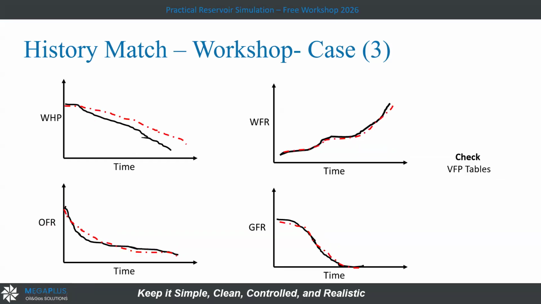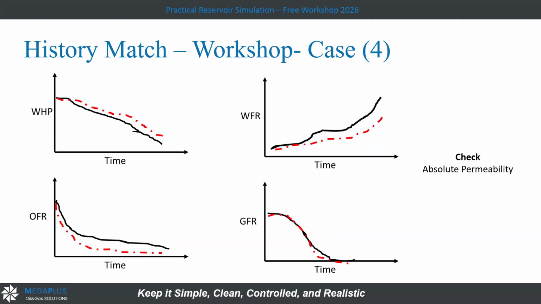Here, as an example, if I match the water flow rate, the oil flow rate and the gas flow rate, and the wellhead flowing pressure is not matching, go to the VFP table that I told you about. The table that I inserted is not 100% right. It must be adjusted so I can match the wellhead pressure. It goes that way.